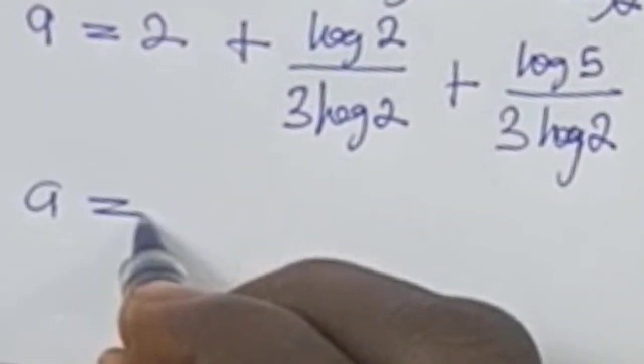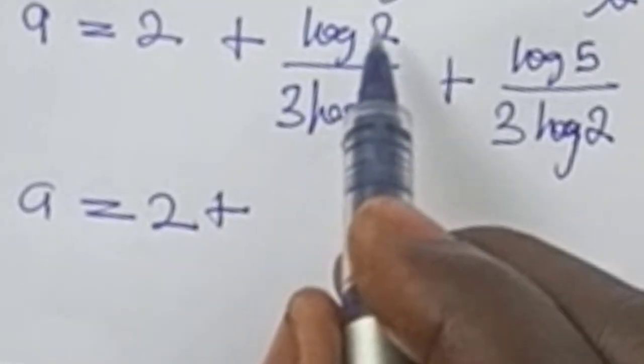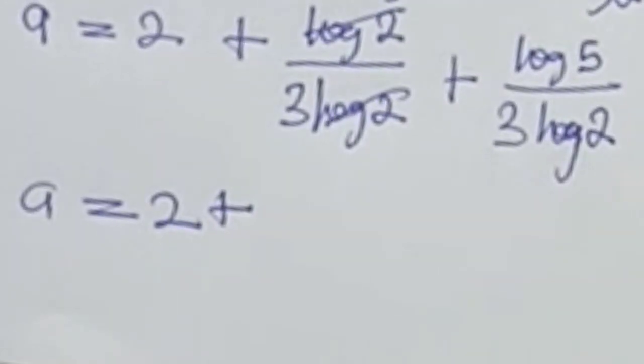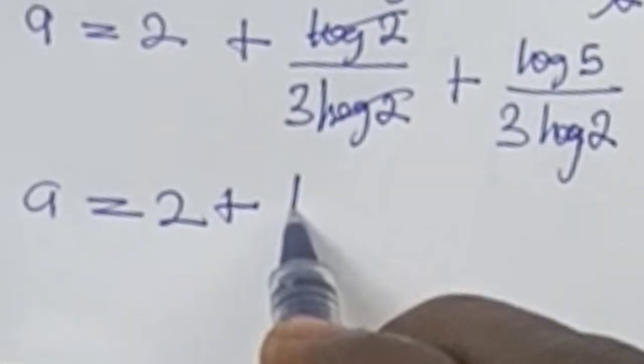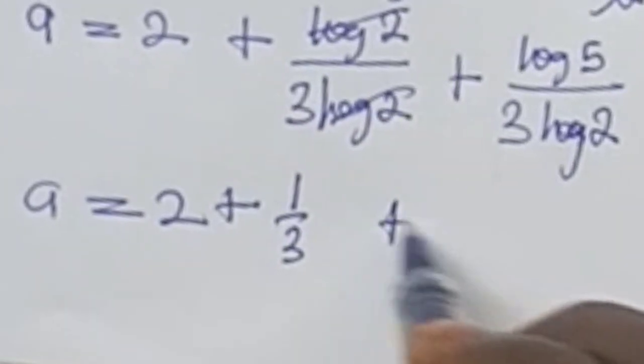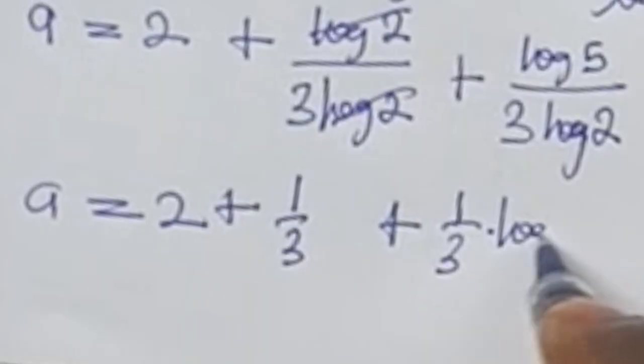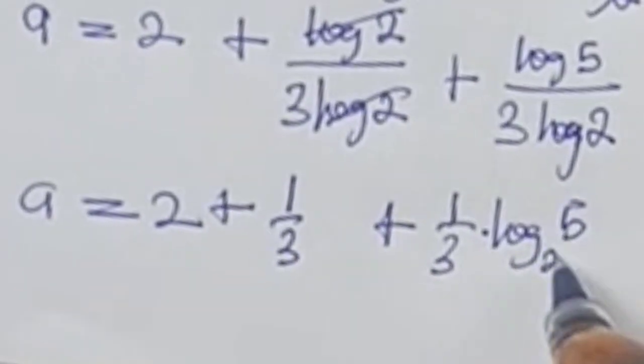A here is equal to 2 plus log 2, we cancel log 2. What will be left is 1 over 3. This is 1 over 3 plus here 1 over 3 times log 5 base 2.